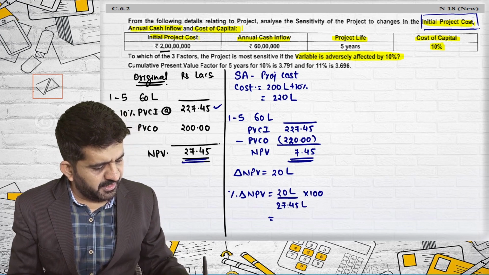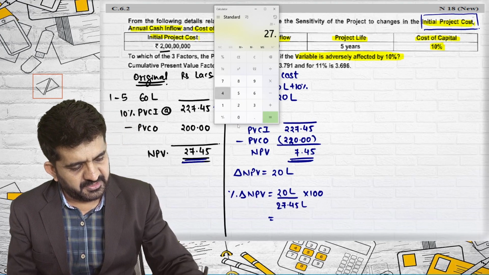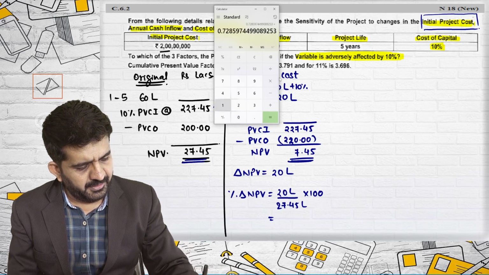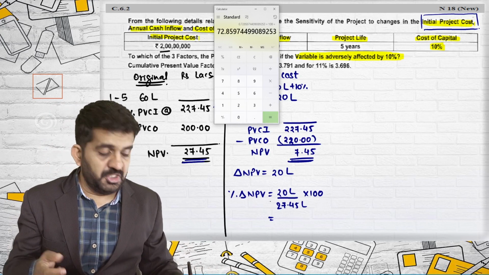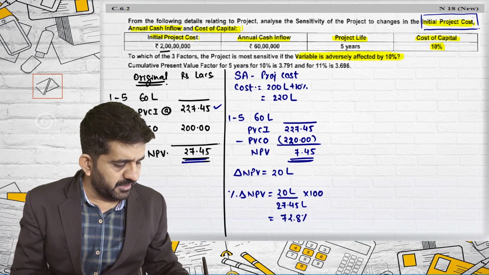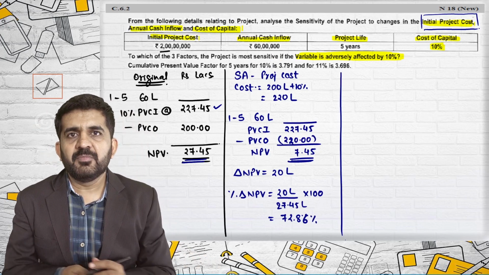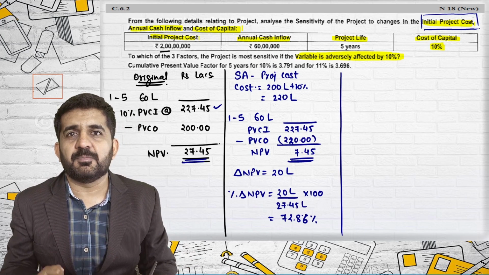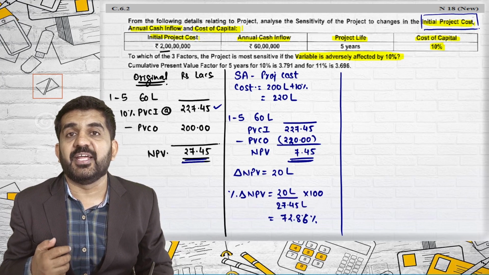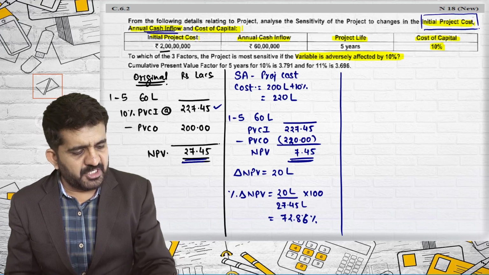This will be 20 divided by 27.45 multiplied by 100, which is change in NPV of 72.86%. What does this mean? If project cost increases by 10%, NPV will decrease by 72.86%.